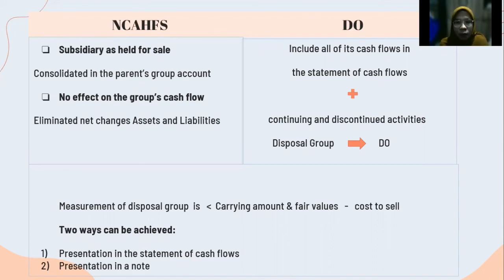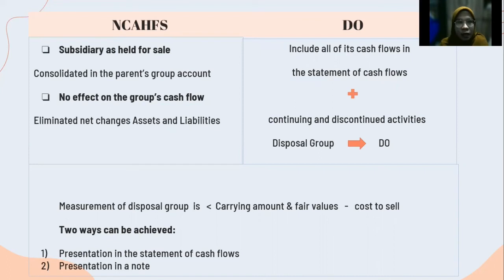For discontinued operations, DO, IAS 7 requires an entity to include all its cash flows in the statement of cash flows, including those generated from continuing and discontinued activities, when specific conditions are met and the disposal group may qualify as a discontinued operation.